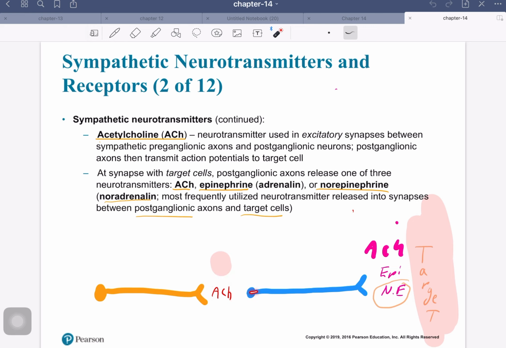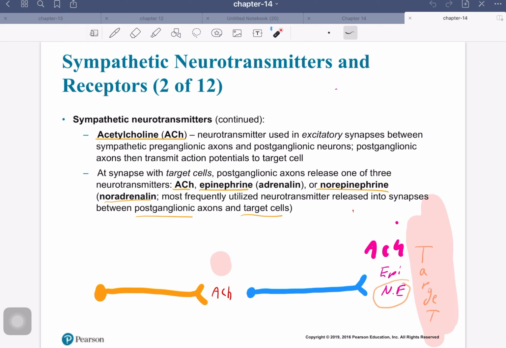Now, how about for the postganglionic? We're going to see that there are some options. Now, just a reminder, one neuron doesn't have all these neurotransmitters. So if you're a neuron, you only have one of these in your pathway, right? And you don't change day to day. You are what you are. So depending on the postganglionic neuron, they either release ACH, epinephrine, or norepinephrine at the region of the target that they're aiming for.